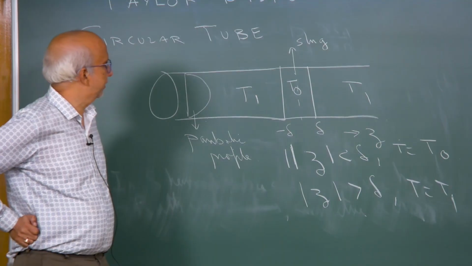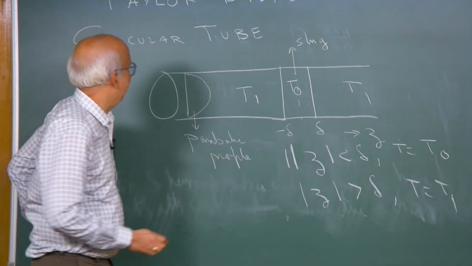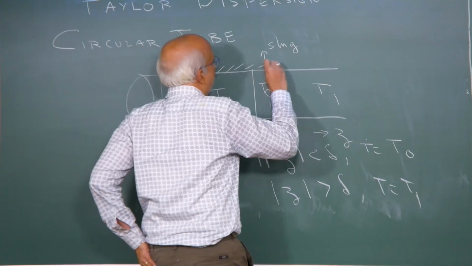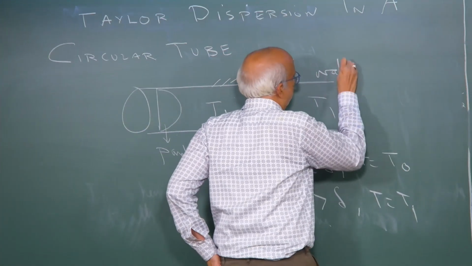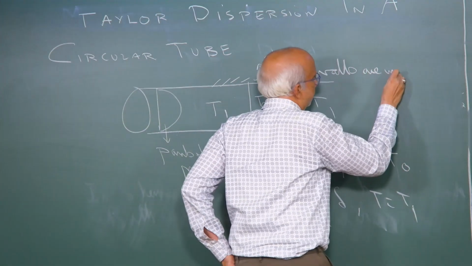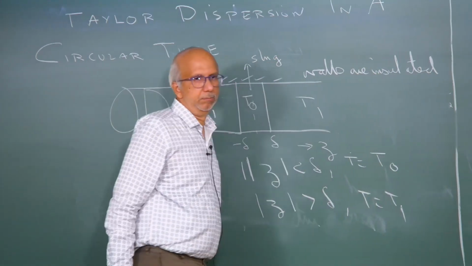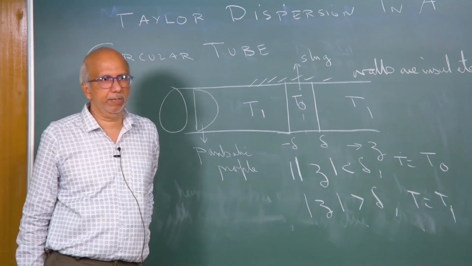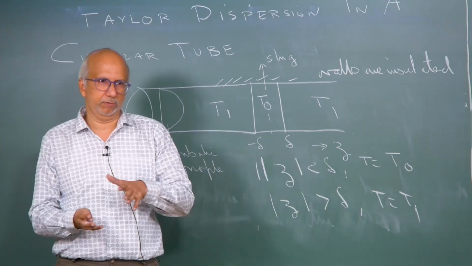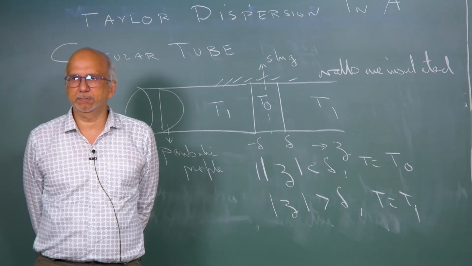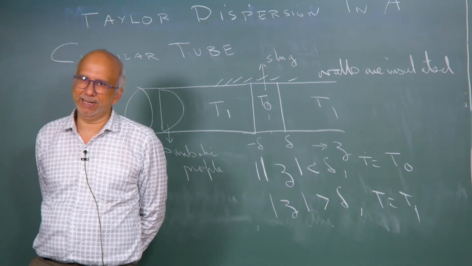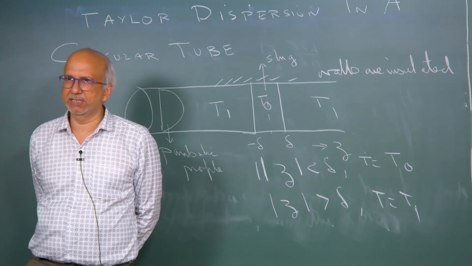What we are going to do is, we are going to say that the walls are insulated. Okay. So, there is no heat flux from the wall. Now, actually this particular problem has an exact same analog with mass transfer.